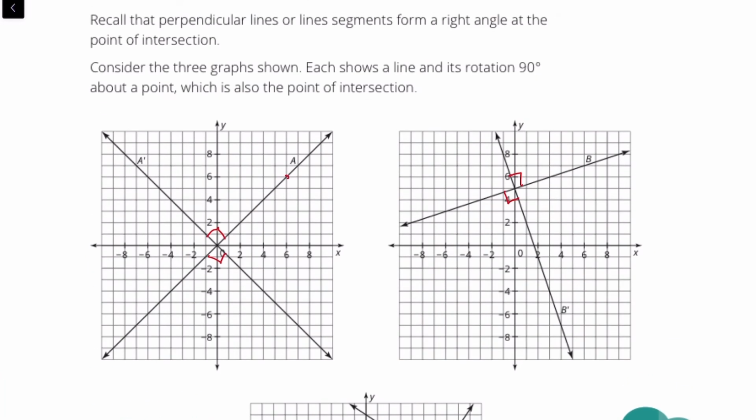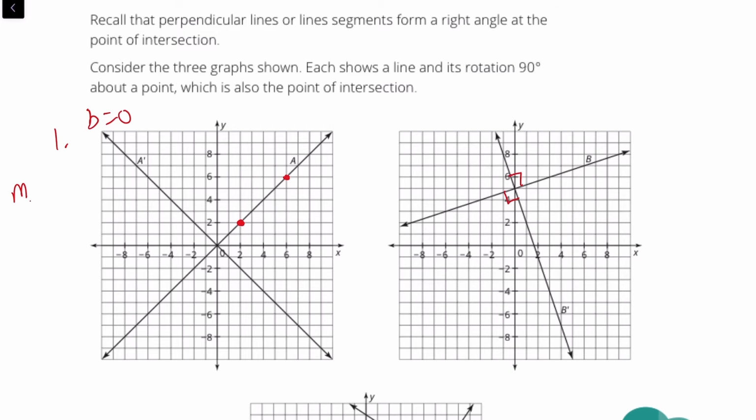We need 2 points so that we can find the slope and the y-intercept. Lucky for us, in number 1, the y-intercept is 0 each time. B equals 0. So all we have to do is find the slope for A, and then find the slope for A prime.